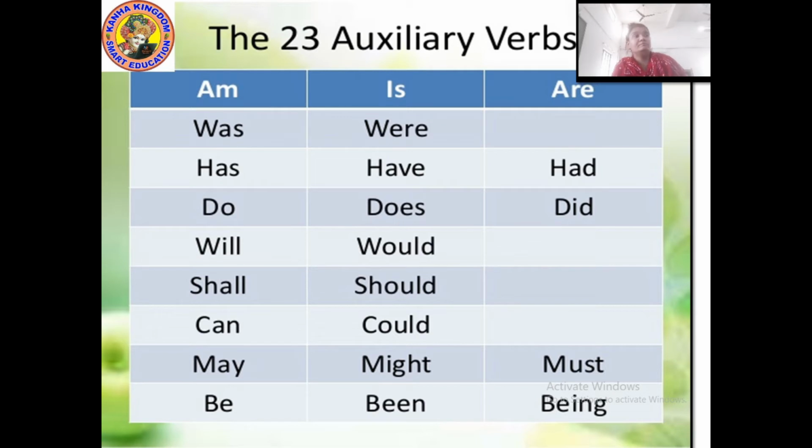Now, start. Column 1, column 2 and column 3. In column 1 you will write am, column 2 is, column 3 are. Am, is, are. Okay. Next, second row: was and were. The third column will be empty, nothing there. Was, were.